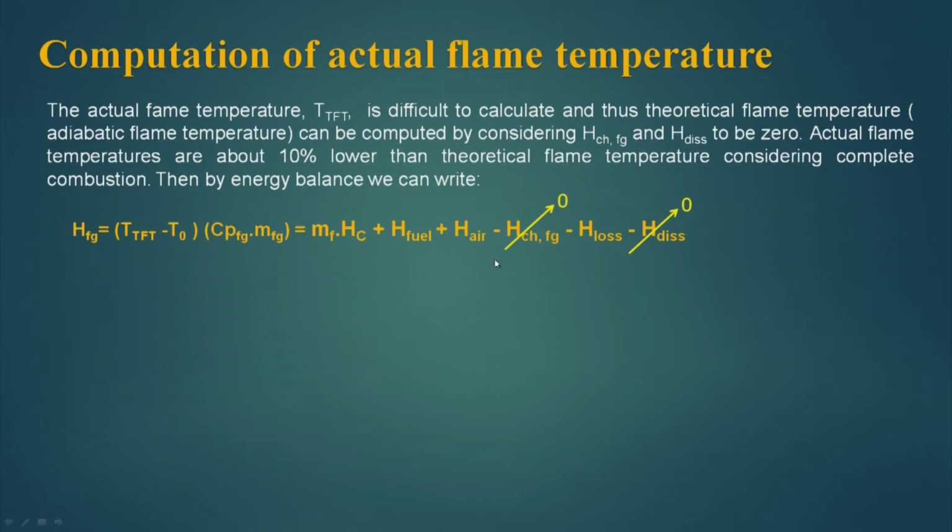These two terms we are setting to 0 because we are assuming ideal burning of the fuel takes place, and that is why these two terms are 0. So, whatever temperature we calculate based on this will be the theoretical flame temperature.